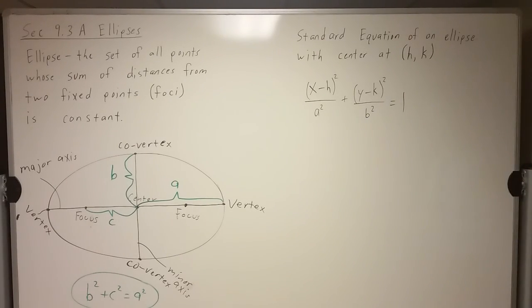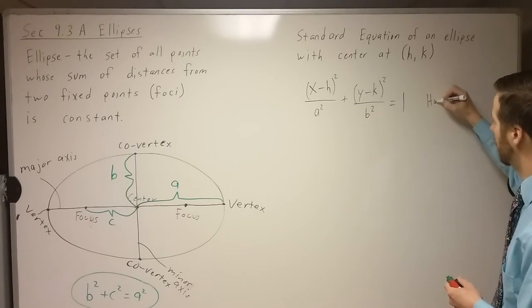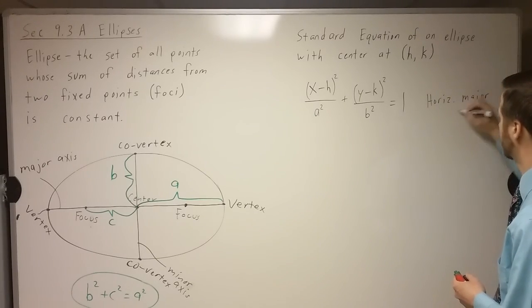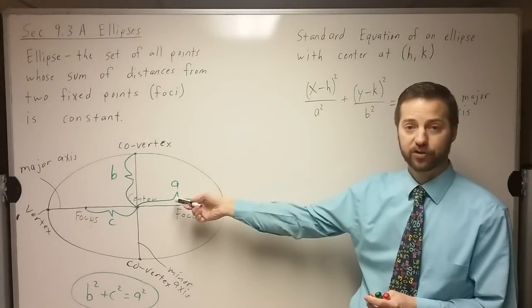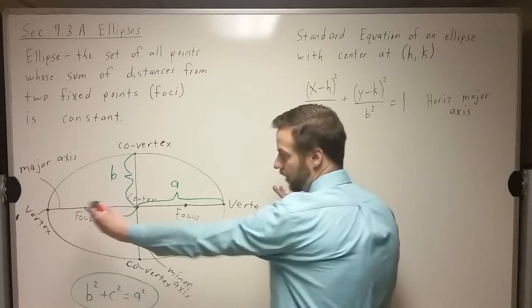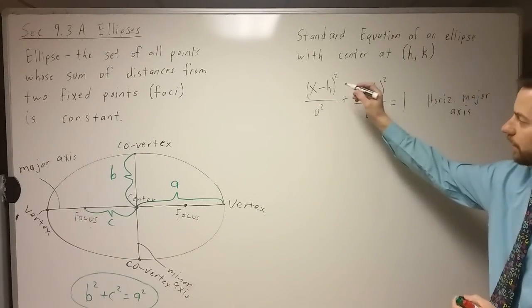Now, if the equation looks like this, then this would be a horizontal major axis. Basically, what I have going on in that picture would be an equation that looks like this. Do you notice it's stretched out more horizontally? That means it would look like this particular example.